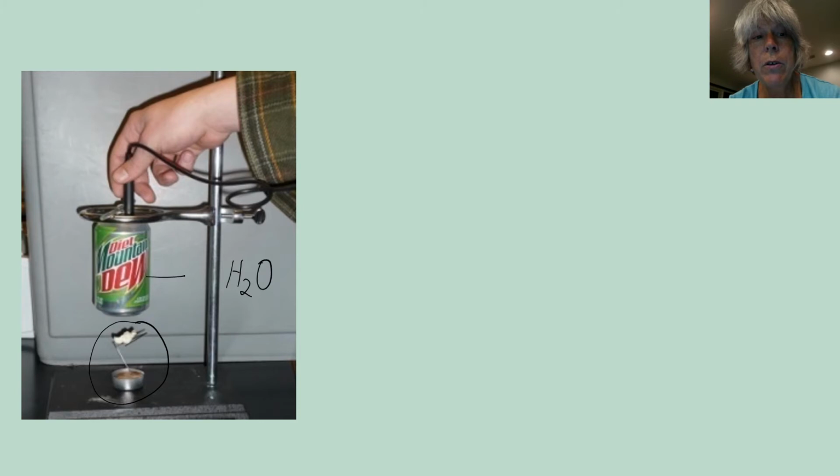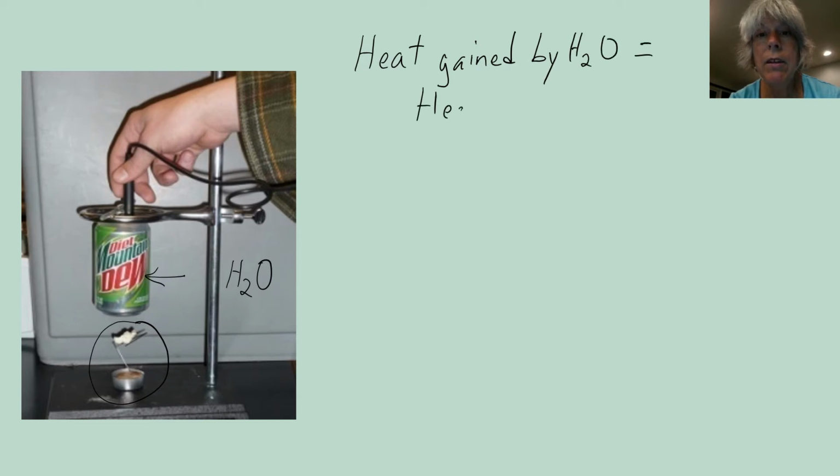Now what we'll do is we'll have measured this water very accurately. We'll light the marshmallow on fire. The marshmallow will heat up the water. We'll be measuring the temperature change of the water, and then the heat that's gained by the water is going to equal the heat given off by the marshmallow.